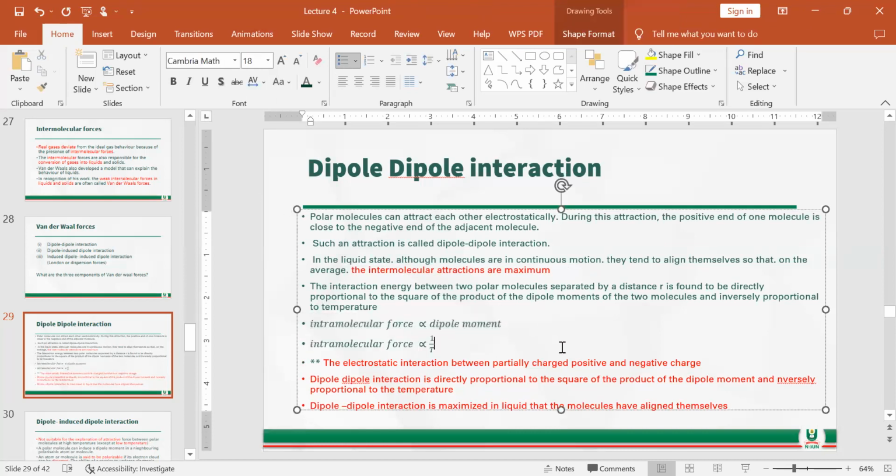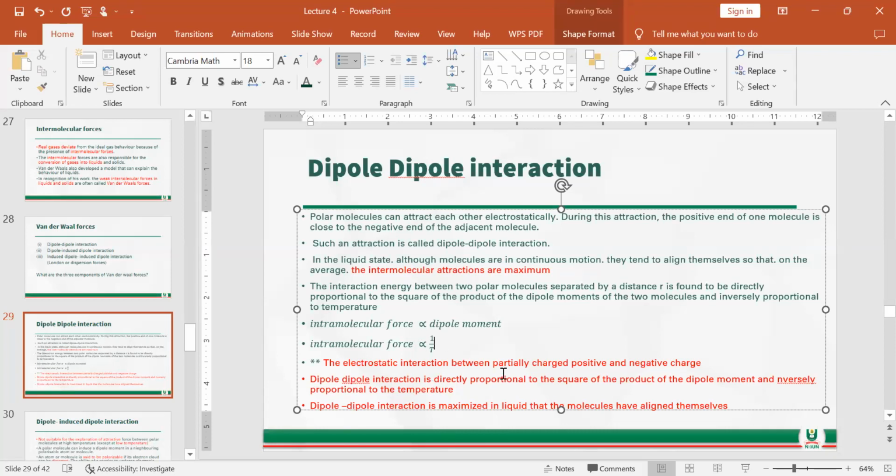So the intermolecular force is proportional to the dipole moment. It should be equal to the product of the dipole moments, divided by the temperature, multiplied by a constant.